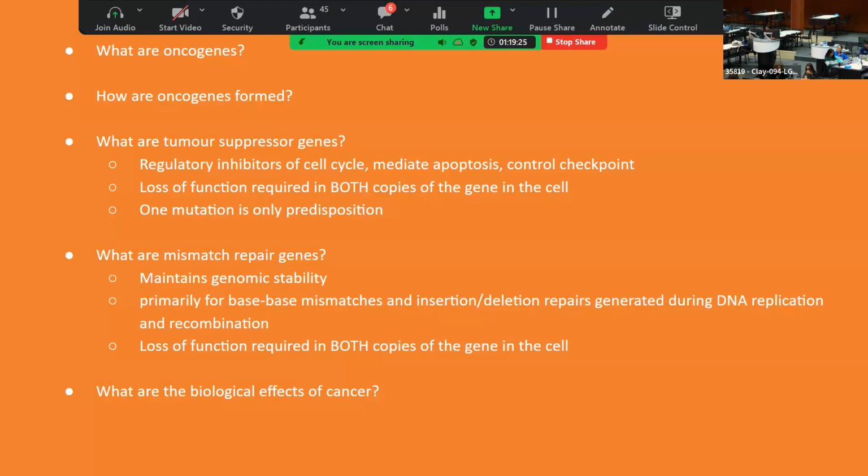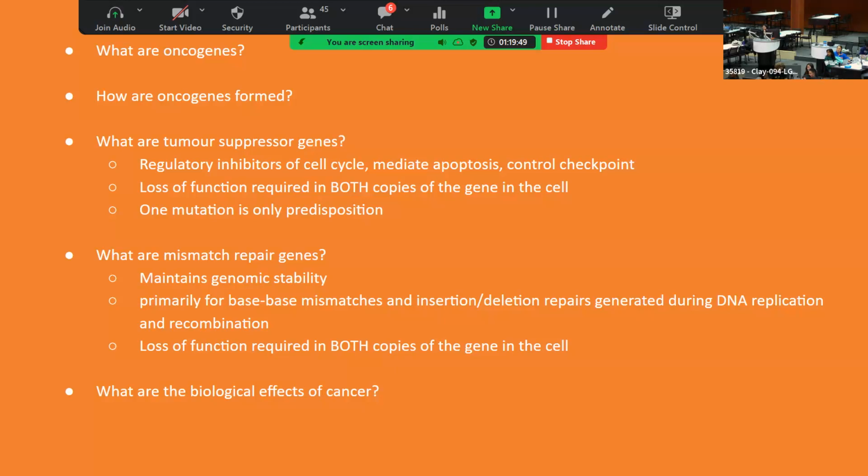Now, these next two are important: the difference between tumor suppressor genes and mismatch repair genes. The name should give you an indication as to what they do. Tumor suppressor genes are regulatory inhibitors of the cell cycle. They allow apoptosis to occur. They control different checkpoints in the cell cycle.